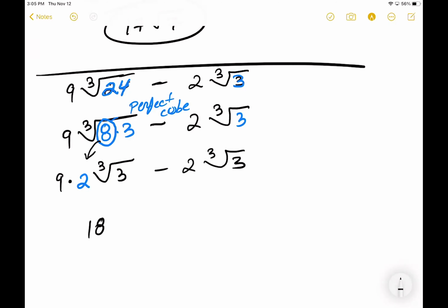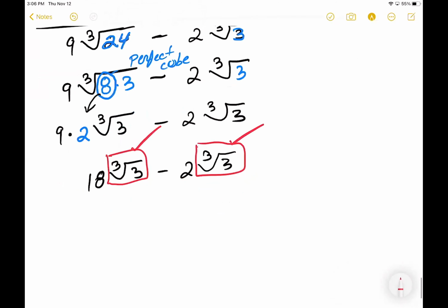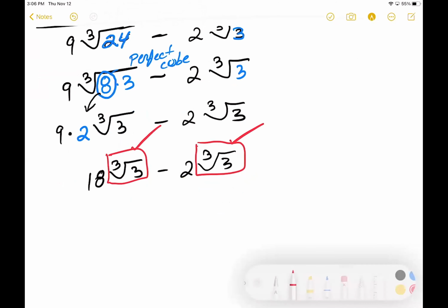I have 18 because 2 times 9, cube root of 3, minus 2 cube root of 3. And this, ladies and gentlemen, 18 cube root of 3 and 2 cube root of 3 are the same. We got it, right? We converted, we got it. And if we got that, all we need to do is take 18 minus 2.